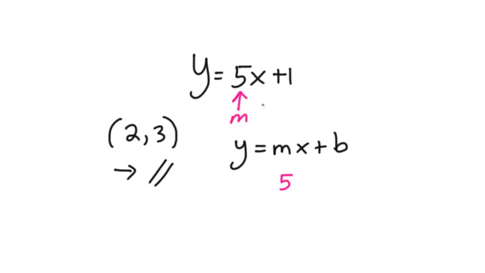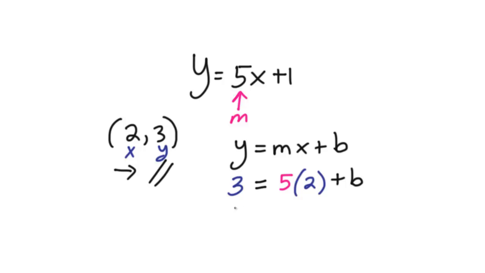And since we know that it passes through the point (2, 3), we're going to replace the x and the y with those numbers: 3 will go here for the y and the 2 will go here for the x. Now we have one equation with one unknown, and the unknown is b.